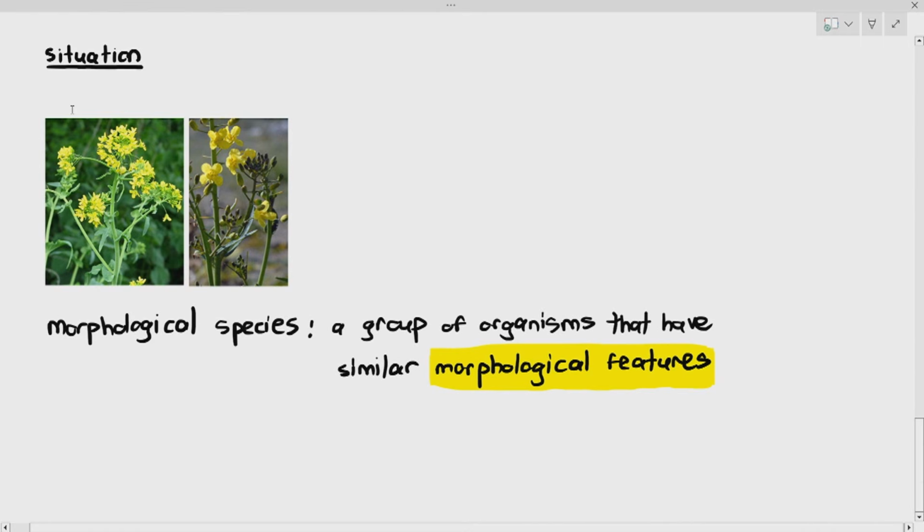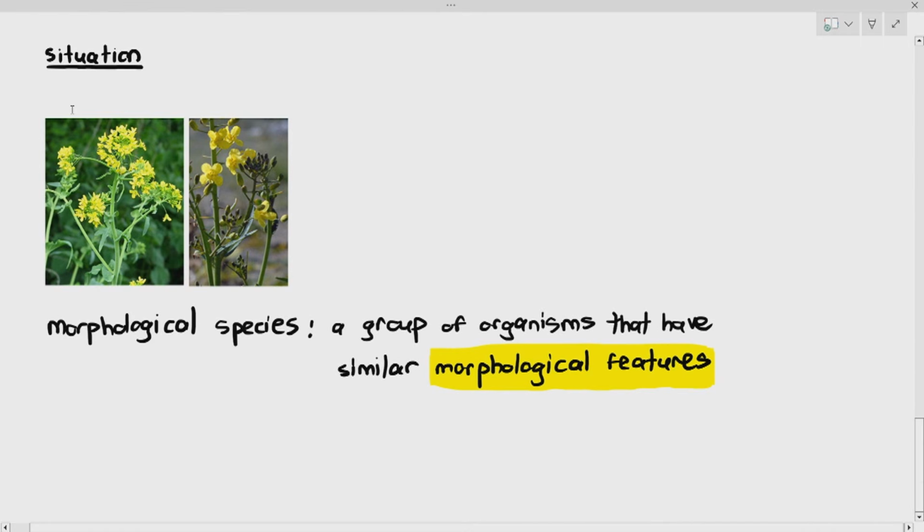The flowers look quite different. Even though they have those green stems and yellow petals, the one on the left has smaller petals and the one on the right might have larger petals. So in this kind of situation, we might assume that they are different species, right?